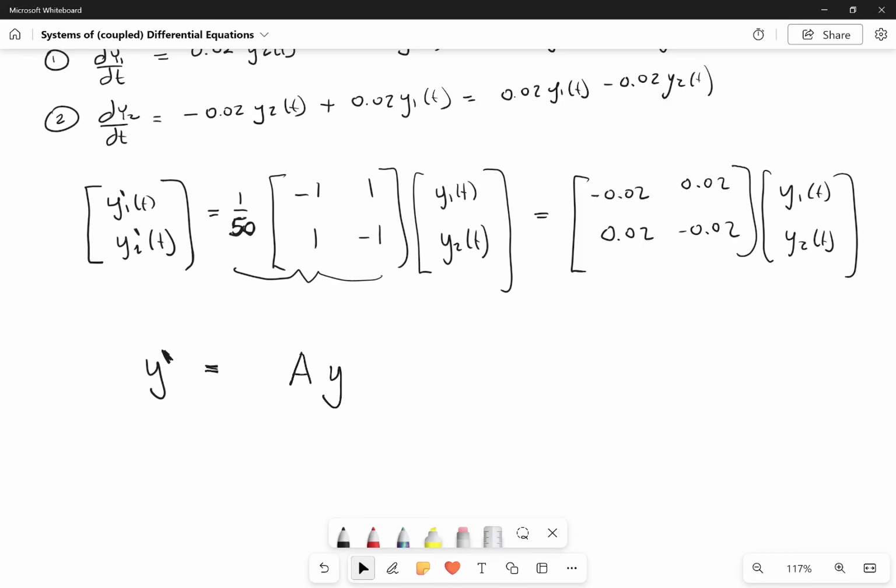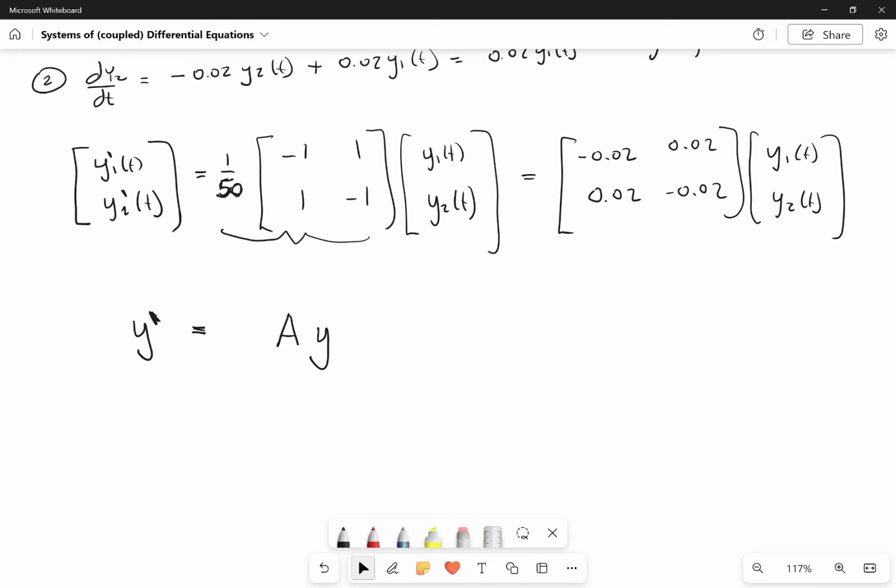The way that we solve these types of equations is we assume the form of the solution, and then we see what needs to be true to make it a solution.